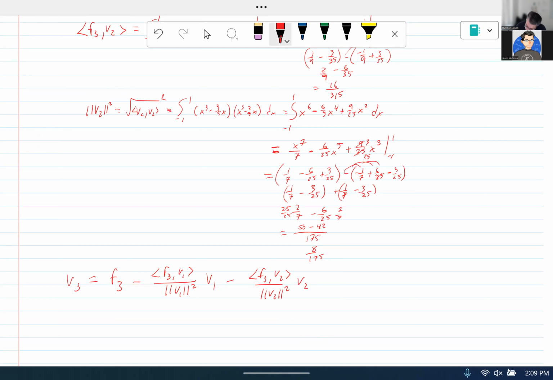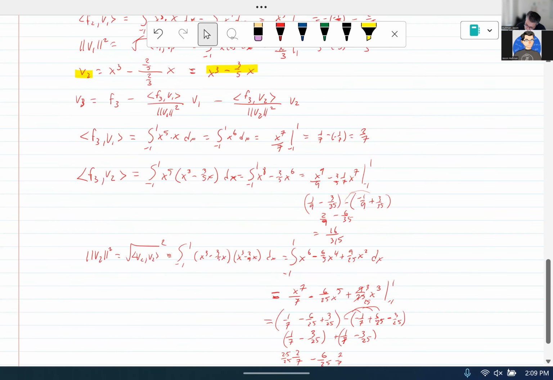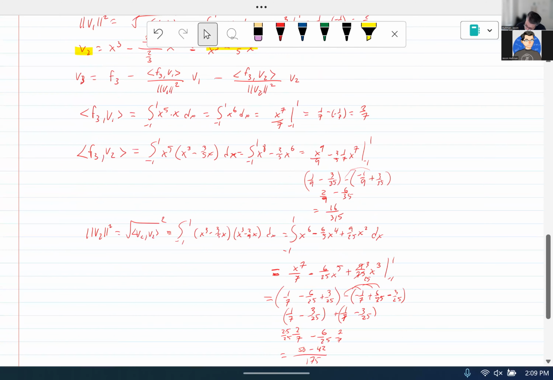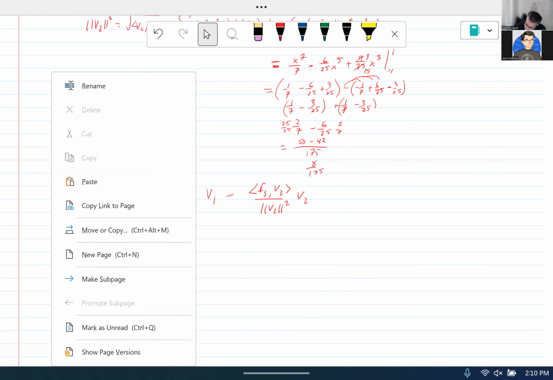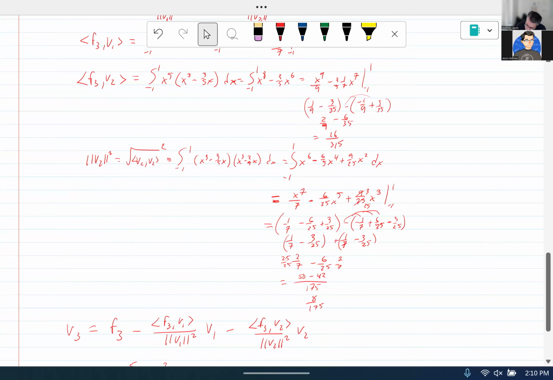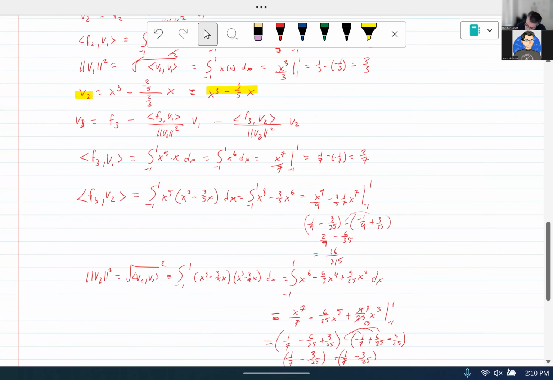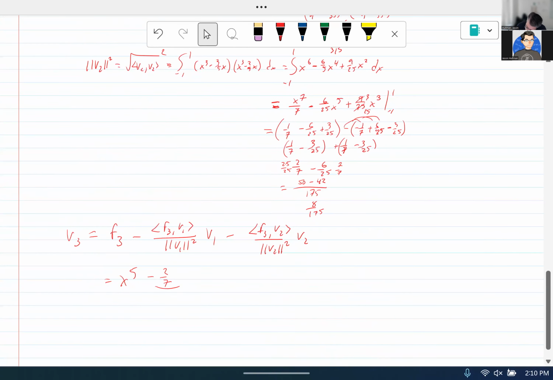So F3 is just x to the fifth. F3 dot V1 we found to be 2/7. That's minus 2/7 over the magnitude of V1, which we had already calculated to be 2/3, and then V1, which was x.